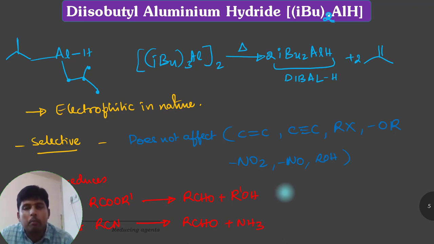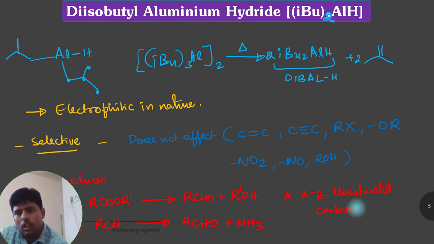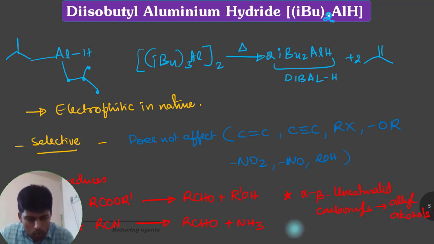And one more very important application of this DIBALH is alpha beta unsaturated carbonyls. It converts them to allyl alcohols. And there is also one more reaction which is not generally touched by any of the books, that is conversion of carboxylic acid, RCOOH, to alcohol.